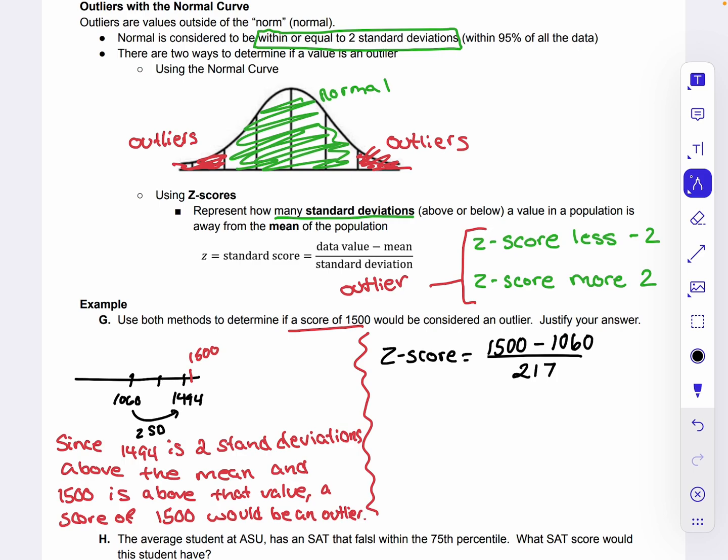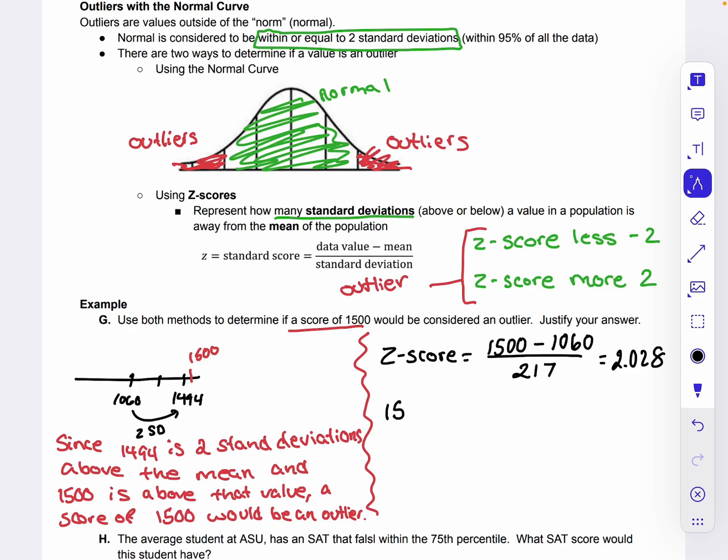It's like looking at the distance between my two data points, and then how many times the standard deviation fits into that. In this case, I would get 2.028. What this number tells me is that 1500 is 2.028 standard deviations above the mean, which is more than 2, therefore an outlier.